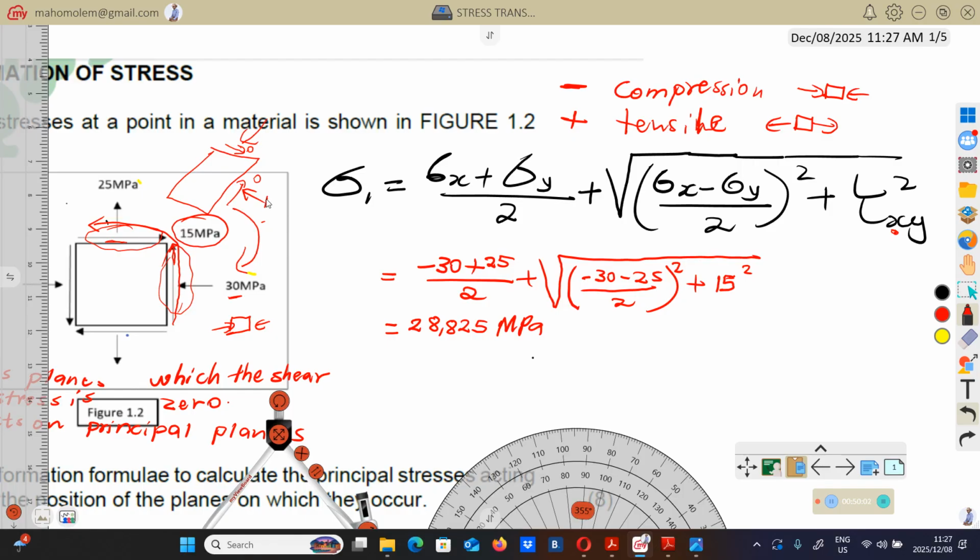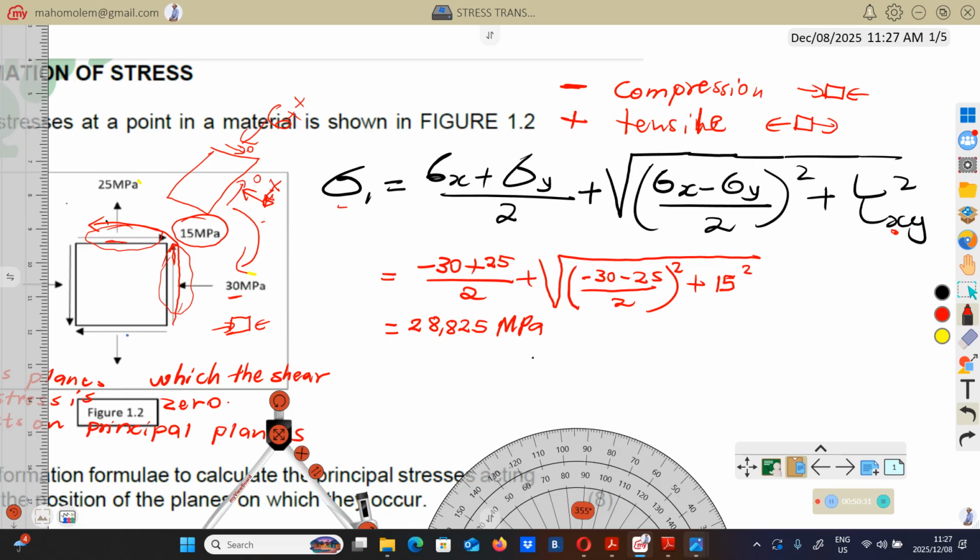So this is principal stress. This is principal stress. We have to find the stresses on both planes. So this one, we don't know whether it's for this or is for this. I will show you how to determine if this stress is for this plane here or is for this plane. I will show you at the later stage. But for now, let's find the stress on the other plane. We have to find two stresses.